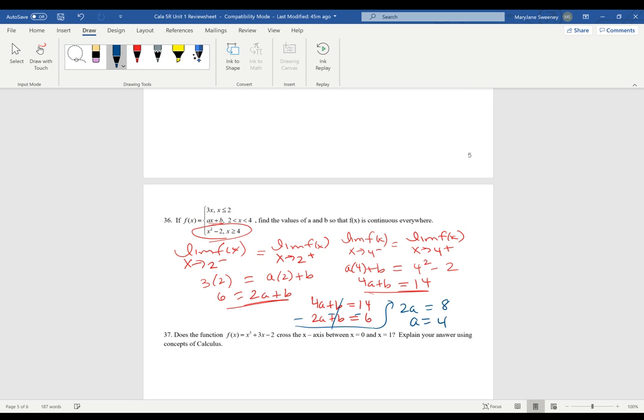So a is 4. And then to get b, you could plug into any of the originals. So let's say I said 2a plus b equals 6. I know a is 4. So b would be -2.